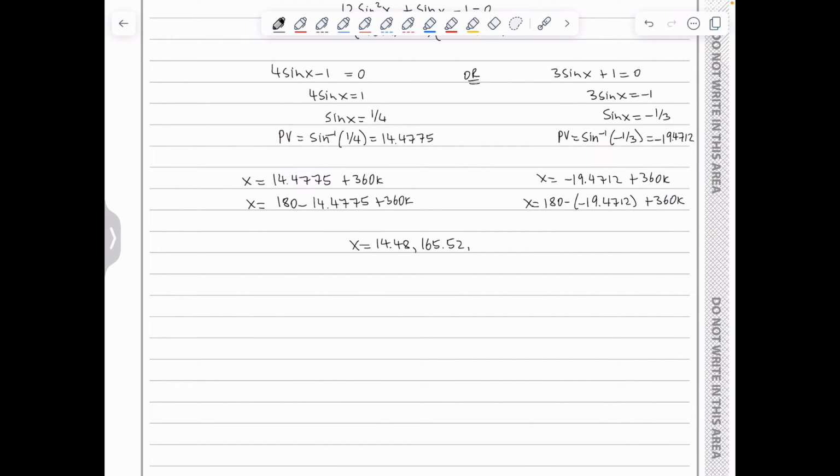So these are the other two solutions, minus 19.47, minus 160.53, a total of 4 solutions within the range of minus 180 to 180.